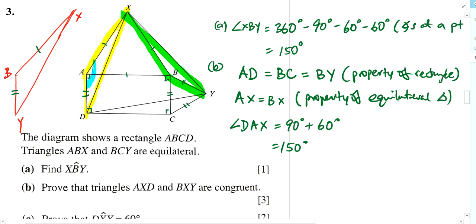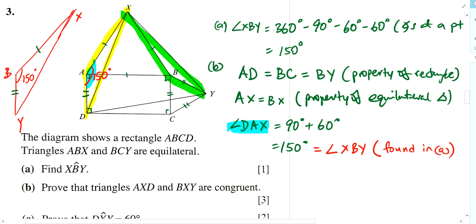This angle is equal to angle XBY. And in part A, we found that XBY was 150 degrees, right? Can follow so far? Then we say that this is actually equal to angle XBY. Reason: this was found in part A. Alright? So this is now 150.